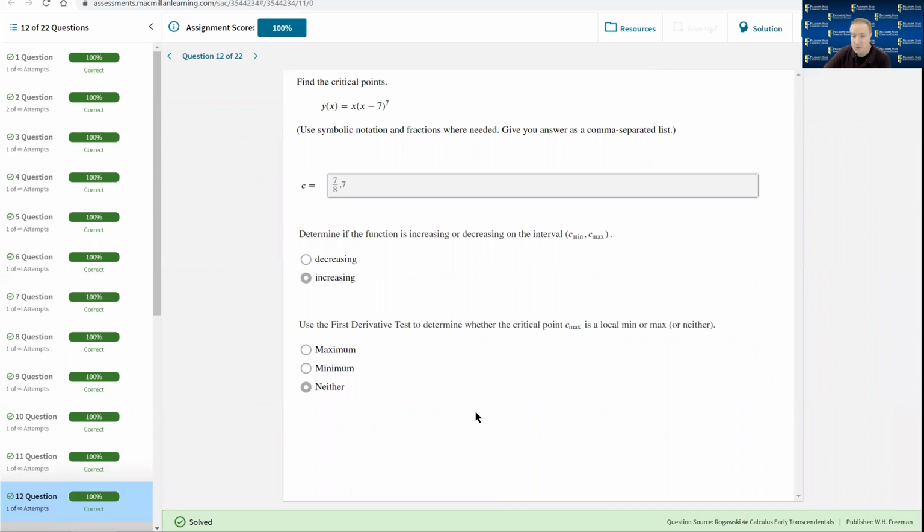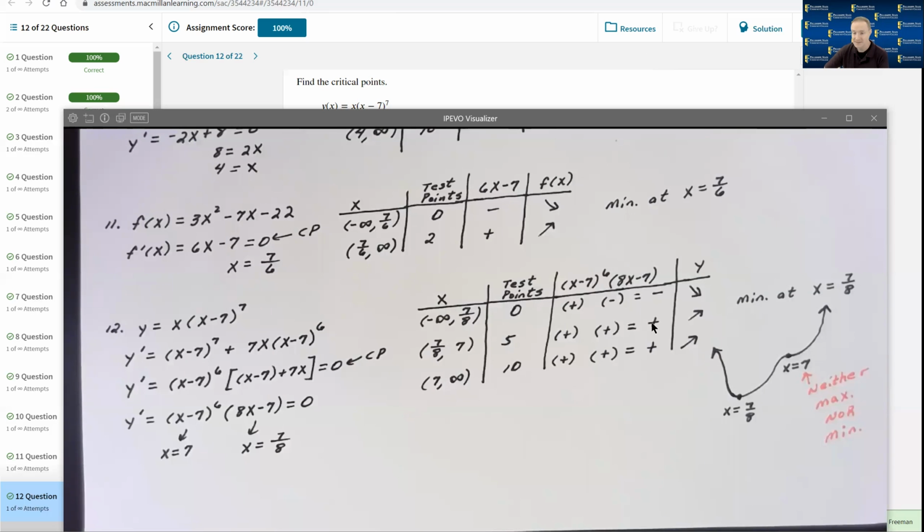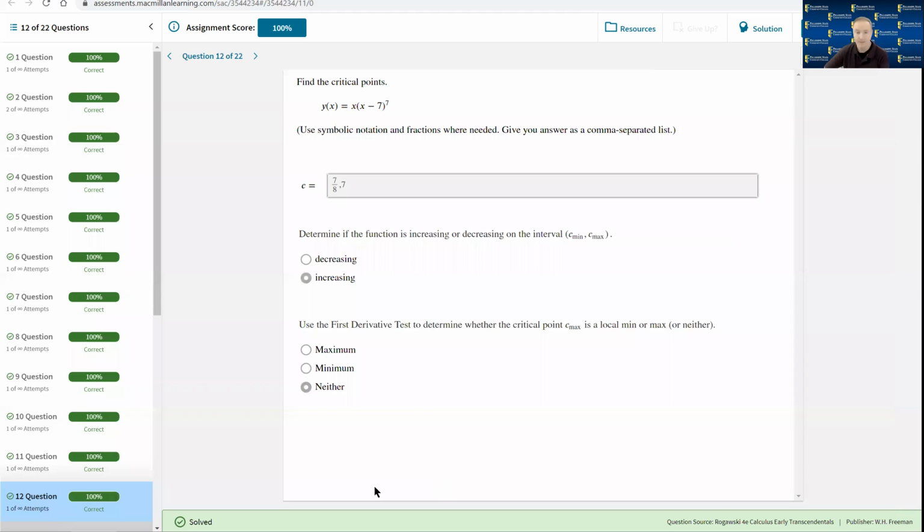And then it says use the first derivative test to determine whether the maximum critical point is a local minimum or maximum or neither. And that's what I was discussing. Since the derivative is positive before it and positive after it, it didn't change sign. Thus, x equals 7 is neither a maximum nor a minimum, even though it is still a critical point.